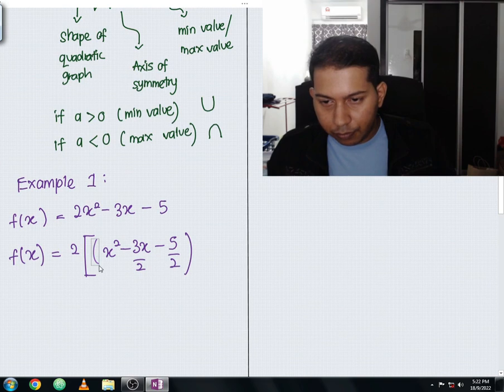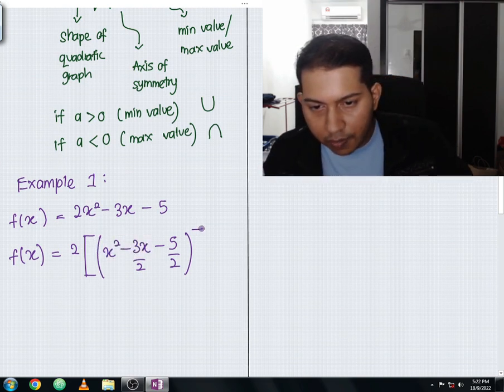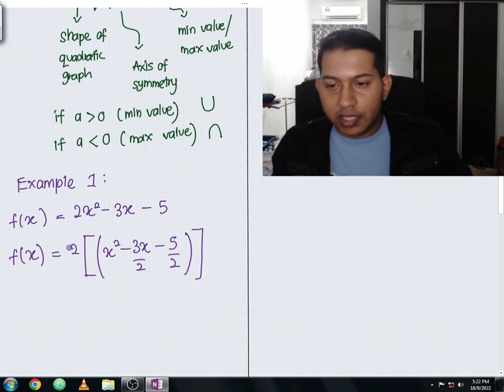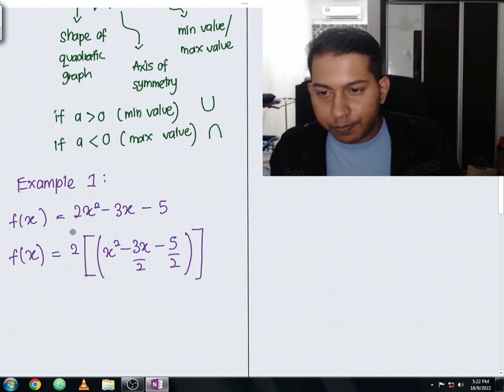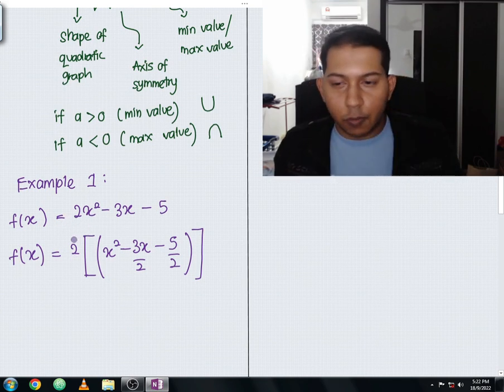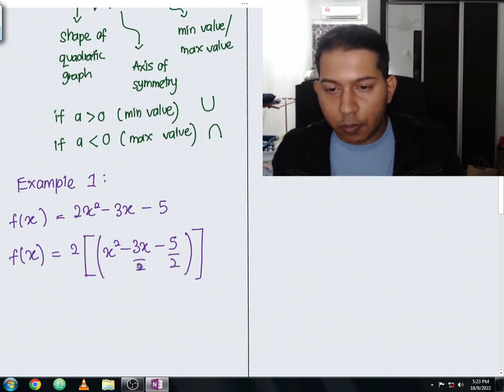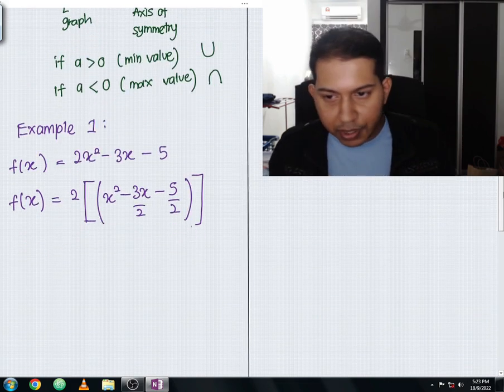There is a reason why we are doing this: once we've done all the working, towards the end we're going to multiply the 2 back inside. Let me repeat again: we make the coefficient A equal to 1, so we divide the whole equation by 2, and that's how we get x squared minus 3 over 2 x minus 5 over 2. Continue.